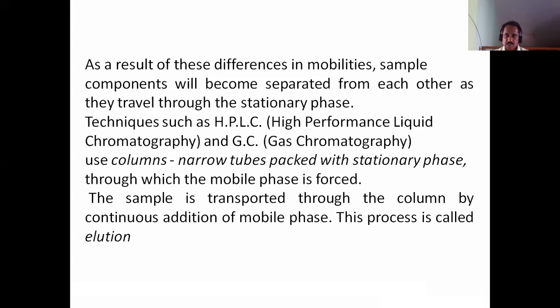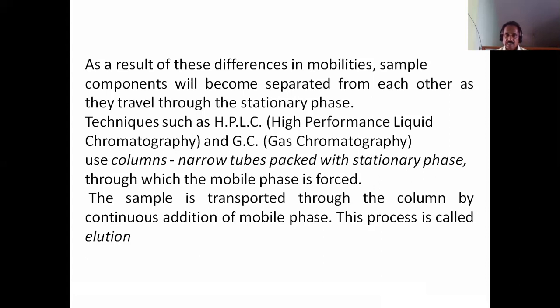The compound which has higher speed moves faster and is adsorbed at the end of the column, and the component which has a low solubility or low mobility is adsorbed immediately in the first phase of the column or medium. In this way the compounds are separated on the basis of their differences in solubility or on the basis of their mobilities.